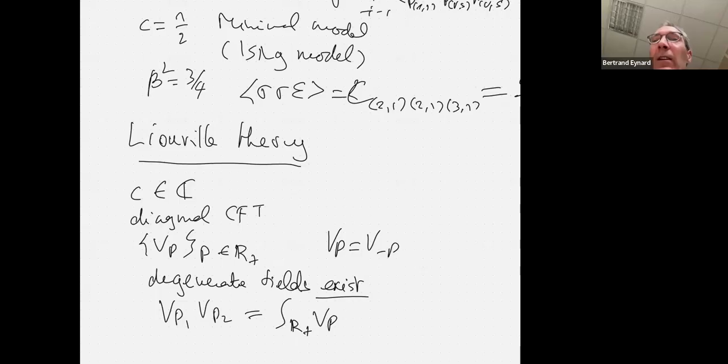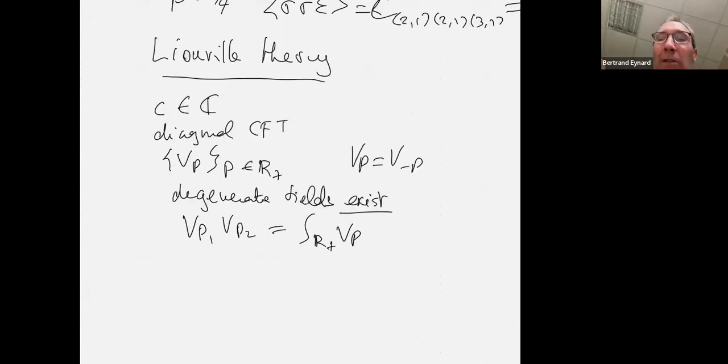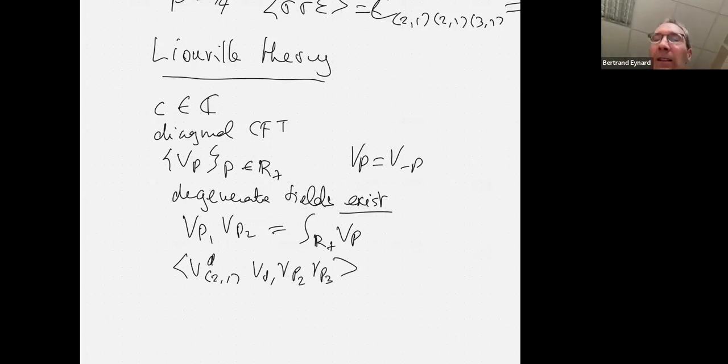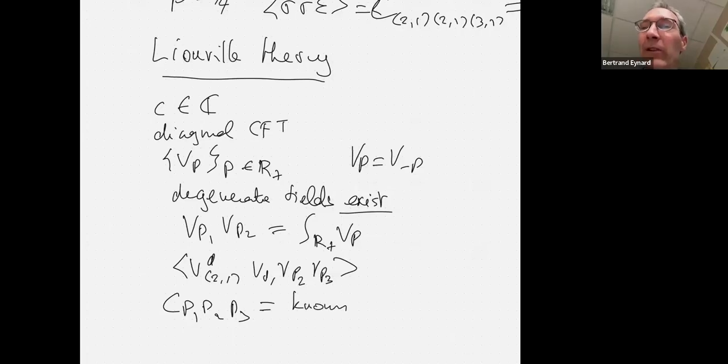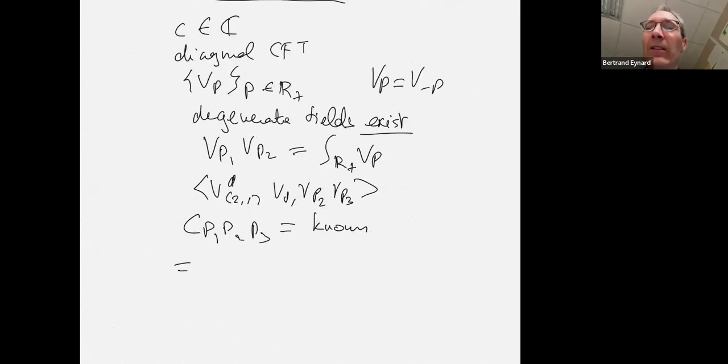And therefore, you can apply the constraints that you get by the study of V_D21, V_P1, V_P2, V_P3, as we did. And this constraint essentially fixes for you C P1, P2, P3. It's the formula I wrote before. And this shows that Liouville theory is unique because essentially we had a unique solution for C P1, P2, P3 up to some normalizations.